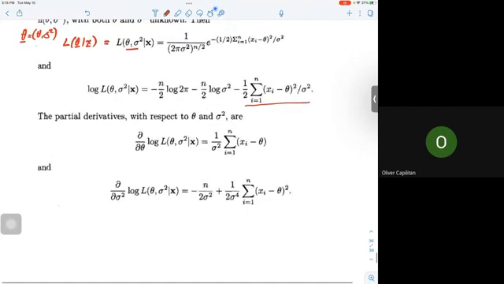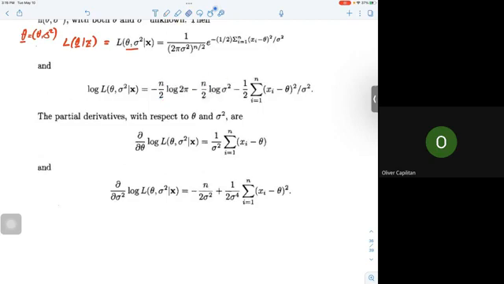Say for example, take the partial derivative with respect to theta. The first term will be 0. This one is also 0, because it's just a constant.